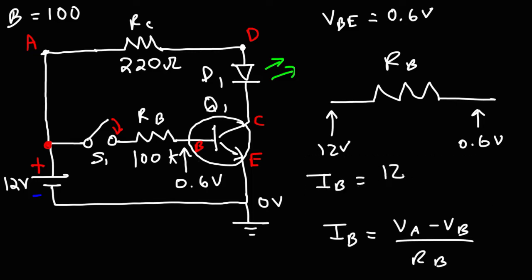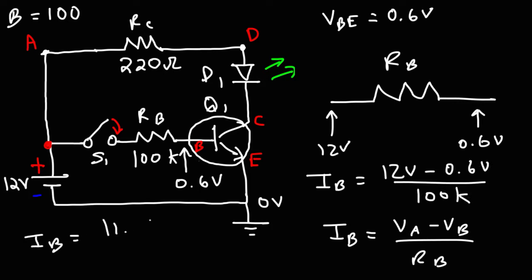And so that's going to be 12 volts minus 0.6 volts divided by 100 kilo ohms. So 11.4 volts divided by 100 kilo ohms. Now something I do want to mention is that when you divide volts by ohms, you get the current in amps.